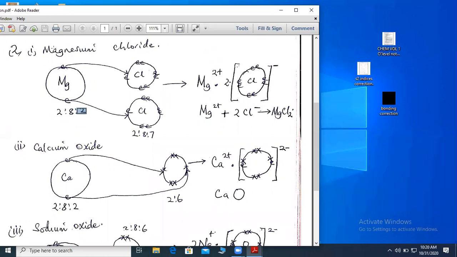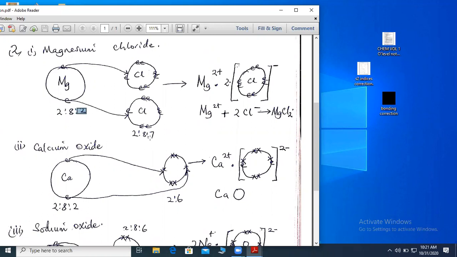But you have to keep in mind that when an atom loses electrons, it gets a positive charge. And the atom that gains electrons gets a negative charge. So for chlorine, its electronic configuration is 2, 8, 7 because the atomic number of chlorine is 17.